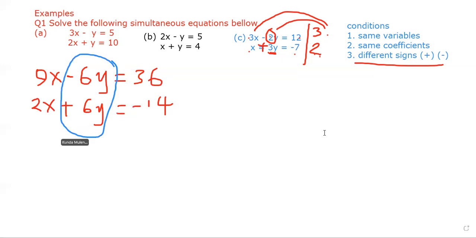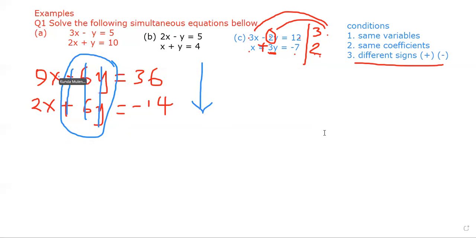We can see that the y variables are just the same. We can see that the coefficients are also the same, and the signs are different. So from there, we can eliminate.